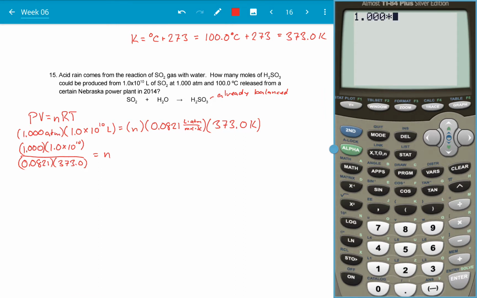1.000 times 1.0. Now on our calculators, to do the scientific notation, we can use the EE, or some calculators will have an EXP button. But I can do this, and the E takes care of the times 10 to the part of the problem.